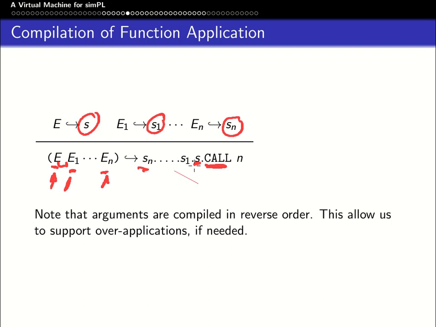If I put them in reverse order, what is at the top of the stack represents the function. And then I say call n, meaning that I'm going to have n arguments. So I take n plus 1 elements from the stack, I pop them out, and we're going to see the semantics of this. But we're going to have a mechanism by which we invoke the result of S, with arguments representing the results of S1 up to Sn. Okay, so we're going to define the call instruction shortly.